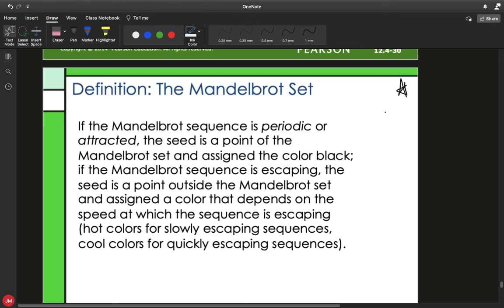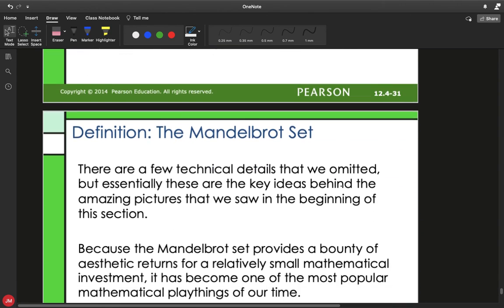If the Mandelbrot sequence is escaping, rather, then the seed is going to be a point outside of the Mandelbrot set, and then we're going to assign it a color that depends on the speed at which the sequence is escaping. Again, hot colors for slowly escaping sequences, and cooler colors for quickly escaping sequences.